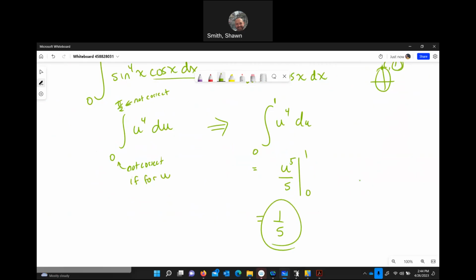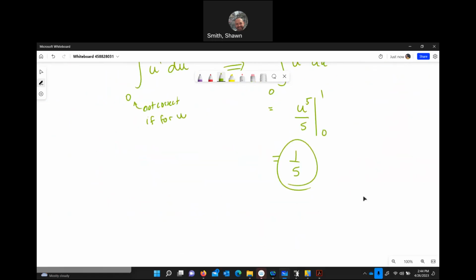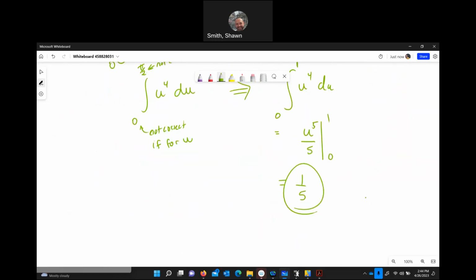So those limits of integration, if you're going to change them, that's fine. Let's work with them all the way through to the end. If you don't change them, you have to make the substitution at the end. Let's just put that in there for your notes. If I didn't change these, I would still have u to the 5th over 5, evaluated at pi over 2 and at 0, but back substitute u equal to what we said, sine of x.